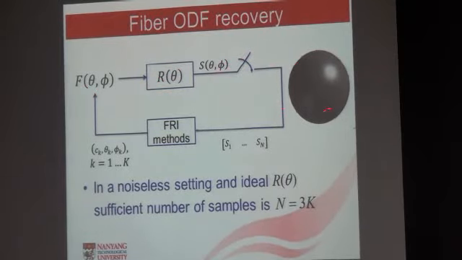And so you're going to sample this on a sphere, and then by using the samples that you obtain, you can use the FRI methods to recover these locations, or these directions, I should say. Okay, so in a noiseless setting, with an ideal r theta, meaning a sort of low pass kernel, we can actually recover it using n samples, with n equal to 3k.